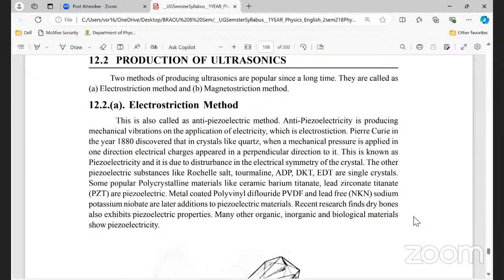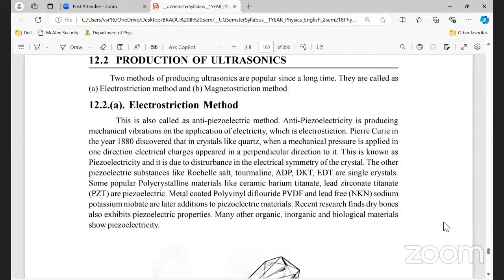So Pierre Curie, in 1880, discovered that many crystals exist: calcite, silica, glass, quartz, tourmaline. In quartz crystal, when a mechanical pressure is applied in only one direction, electrical charges appear in the perpendicular direction to it.